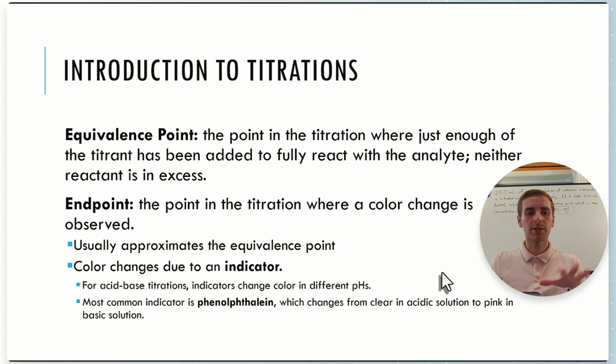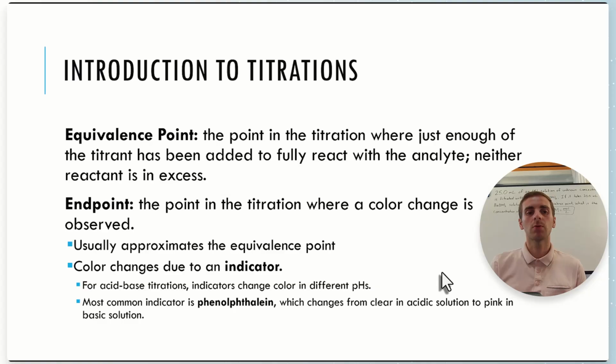The reason these acid-base indicators change color is based on the pH. But by definition, the point where the color changes is not necessarily the equivalence point. By definition, it's the end point. But if the experiment is designed properly, that gives us a good approximation of the equivalence point as well.